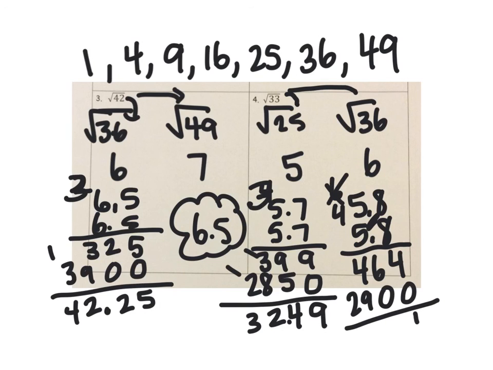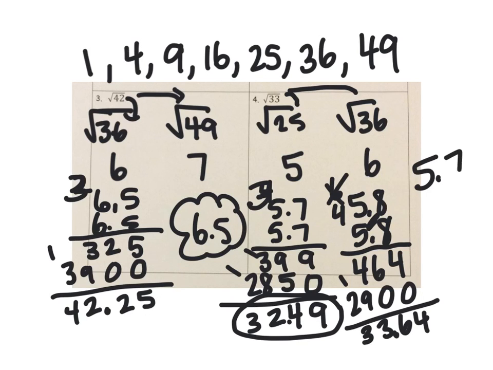Add those up. 4, 6, 9 plus 4 is 13. Carry the 1, we get 33.64. So 33.64 is 0.64 more than 33, and 32.49 is actually closer because it's only like 0.5 away. So for this one, I would actually go with 5.7 being the best estimate.